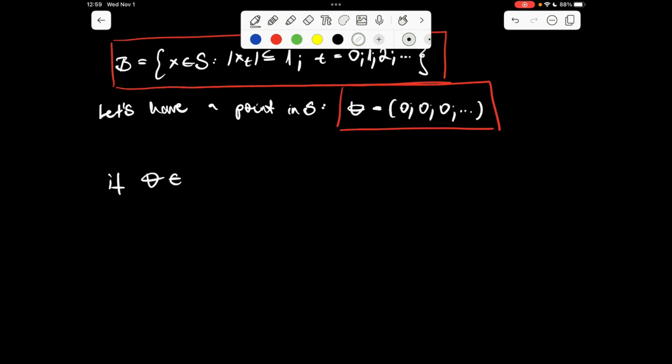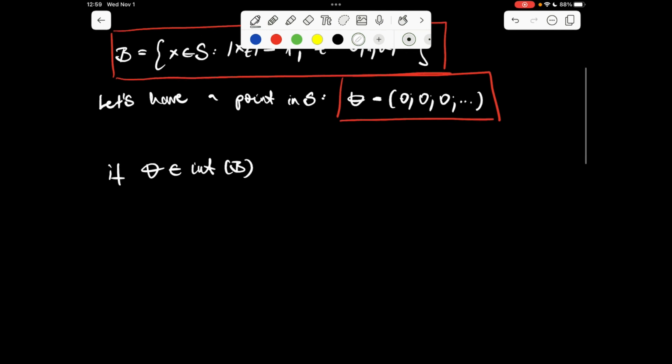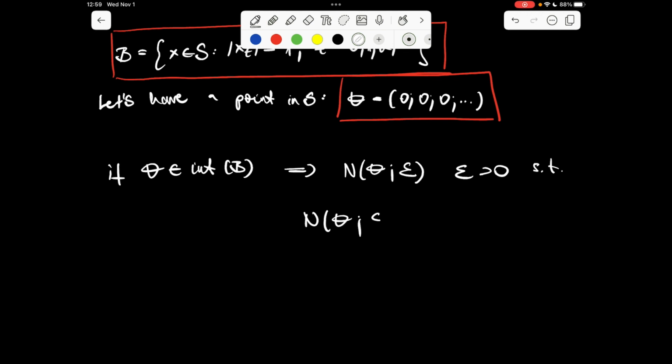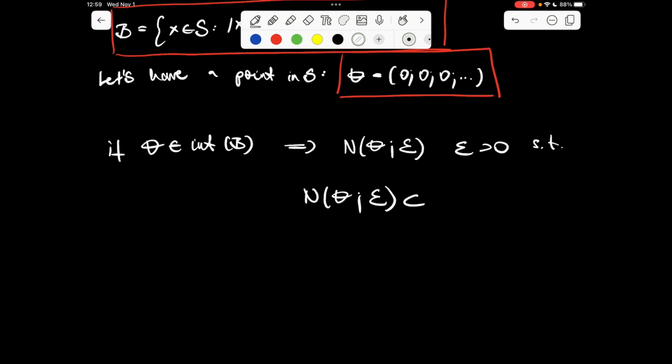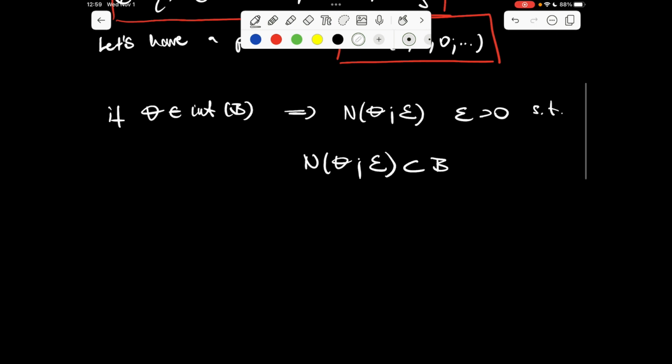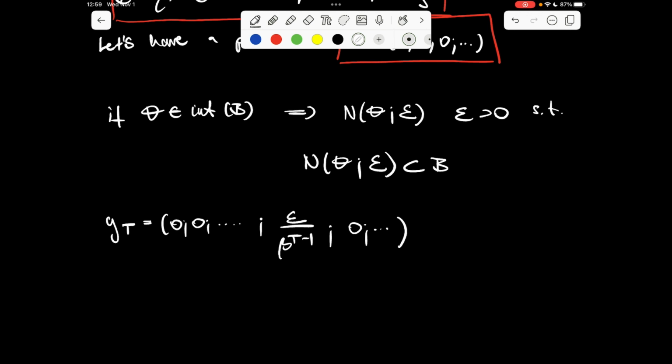So if theta is in the interior of set B, then we have an epsilon neighborhood around theta, so that this neighborhood, for this positive epsilon, is a subset of B. Let's have an infinite sequence which consists of zeros with one exception, in the t-th position, which is epsilon over beta at t minus 1.